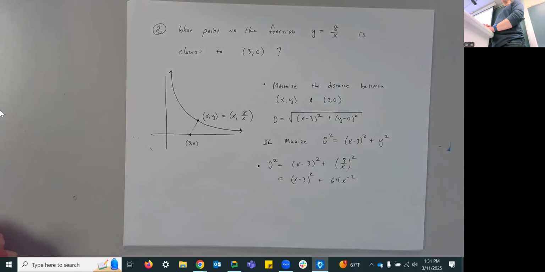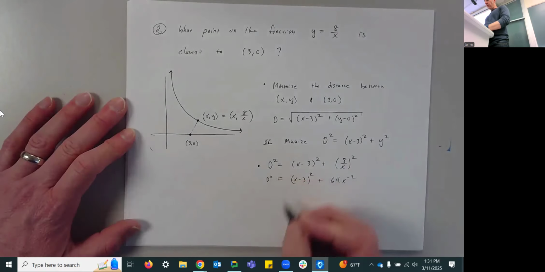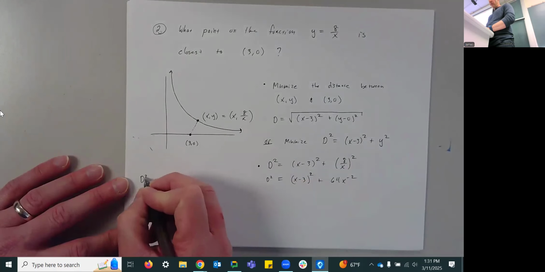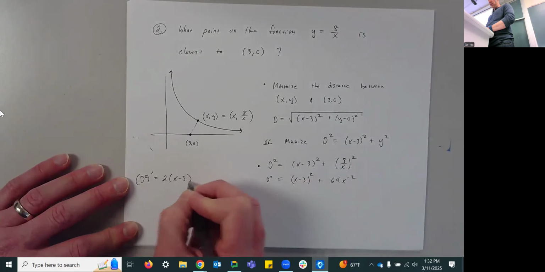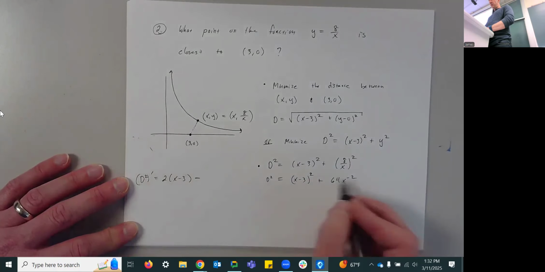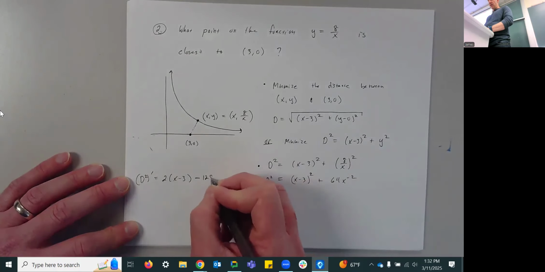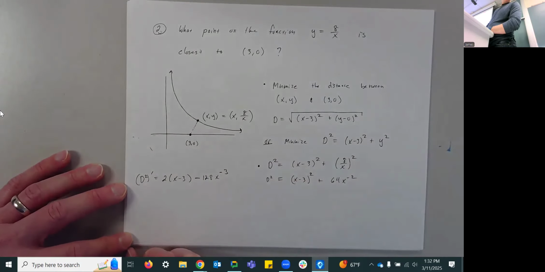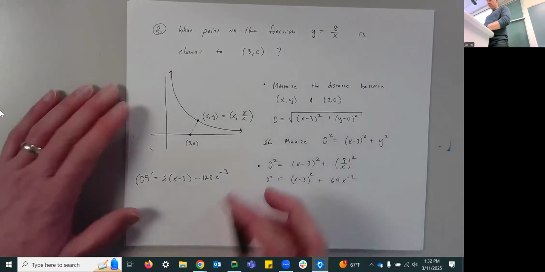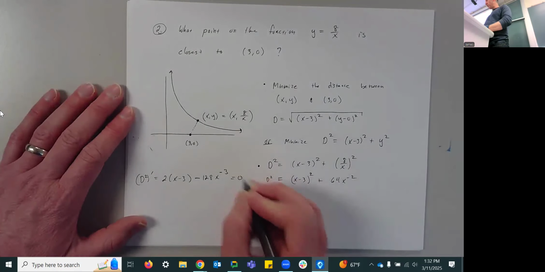It seems easier to deal with. So now we're going to differentiate. The derivative of d squared is going to equal 2 times (x minus 3) minus 2 times 64, which is 128, x to the negative third. Set that equal to 0.